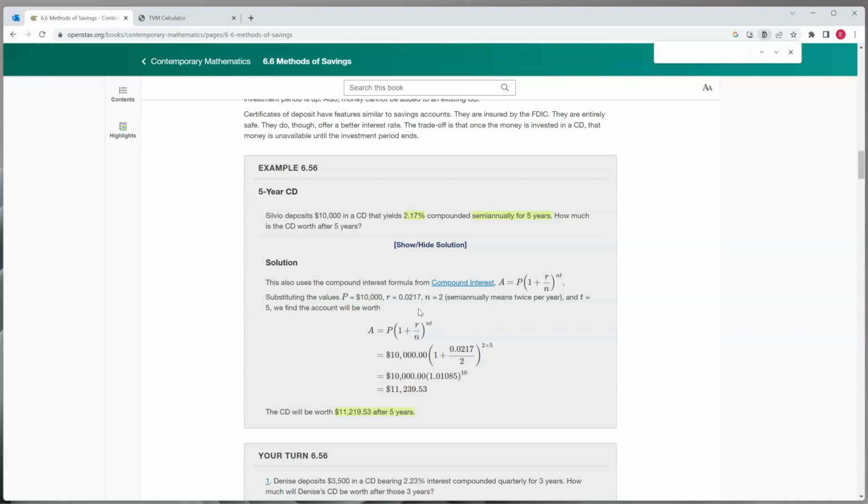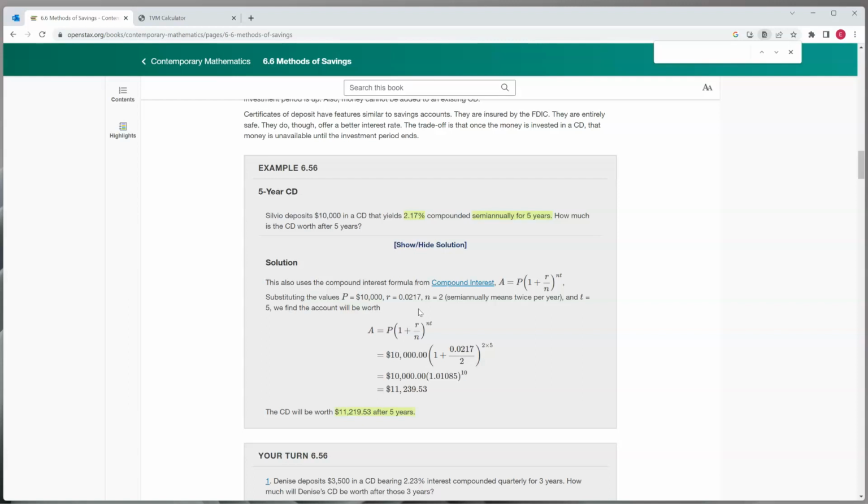Other savings accounts are long-term, so CDs are short-term, relatively speaking. 5 years is not that long in the financial world. Long-term savings accounts like IRAs, which are individual retirement accounts, are for many, many years. Typically, you're talking about 20 years of savings. Those also have fees associated with withdrawing.